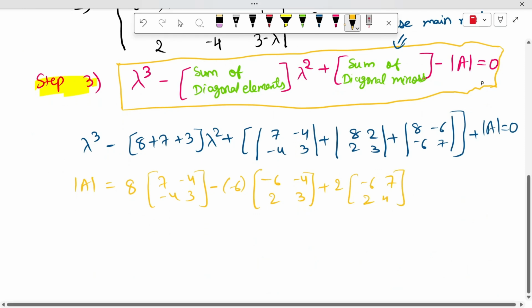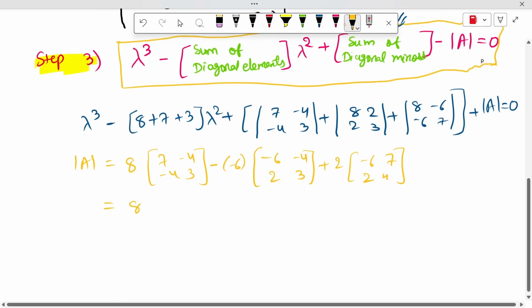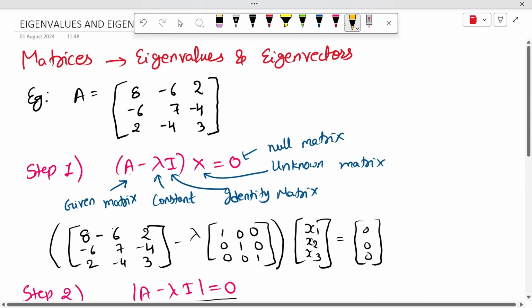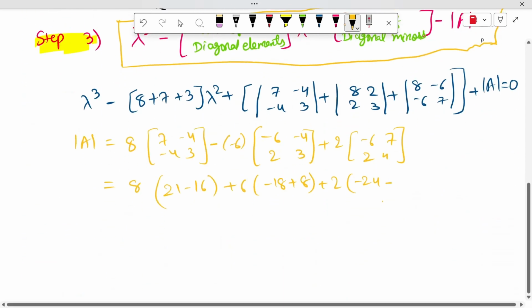So solving this, we will get 8 into (21 minus 16). Here it will be plus 6, here it will be minus 18 plus 8, plus 2 into minus 24. For the last term, minus 6 7, here it's minus 4, so it will be 24 minus 14.